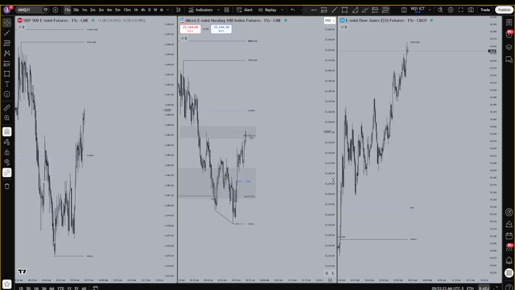Well, that was my TP for the FVG right there. But it doesn't matter because there's a counter gap.